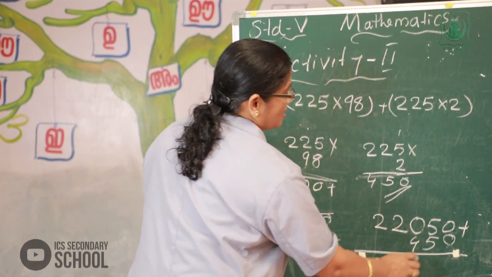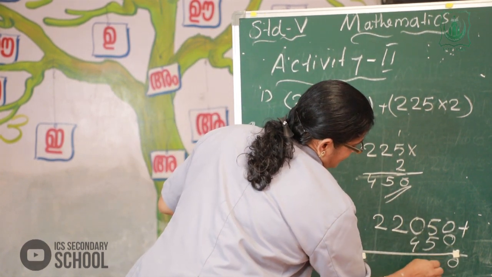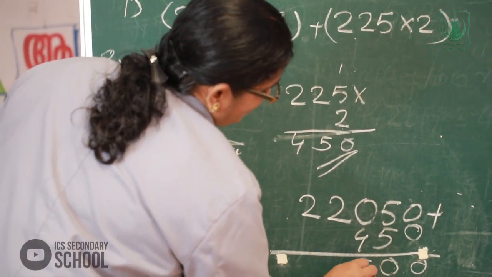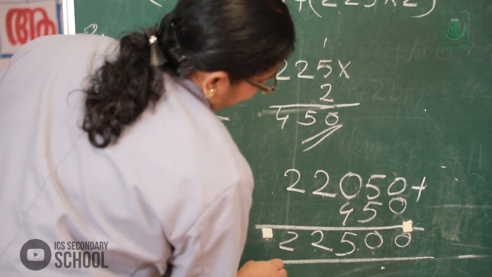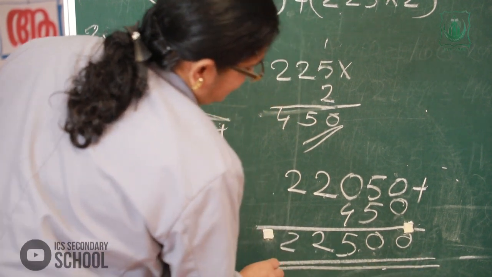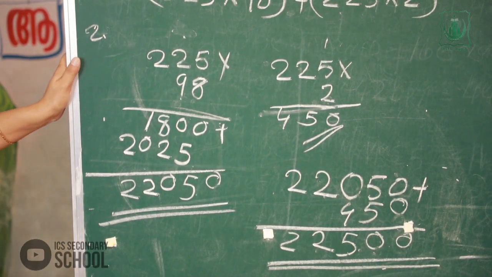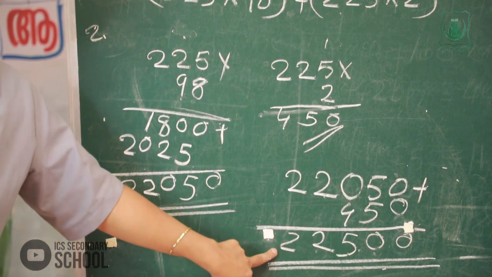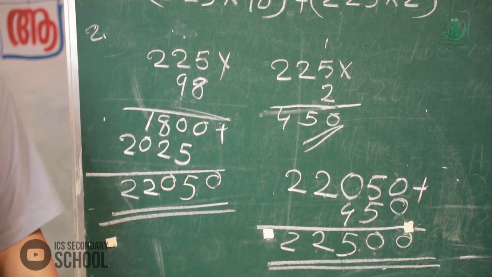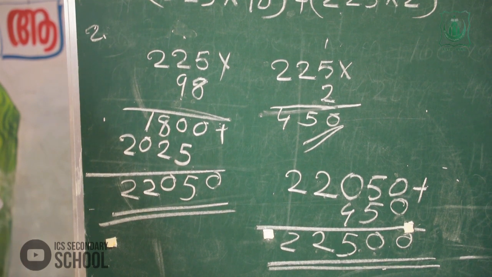Add this number 0, 10, 5, 2, 2. 22,500. Then we get the answer 22,500. Do you understand? Any doubt?